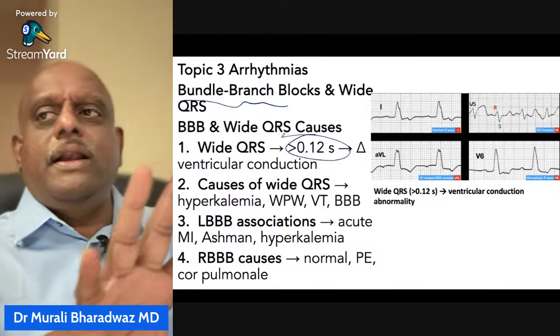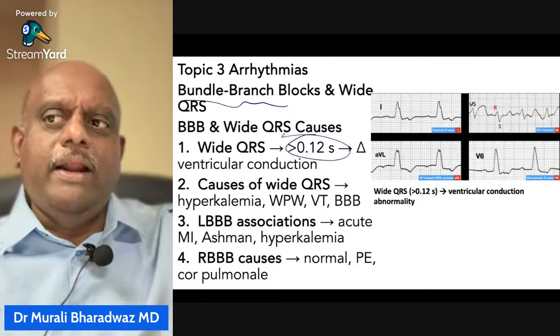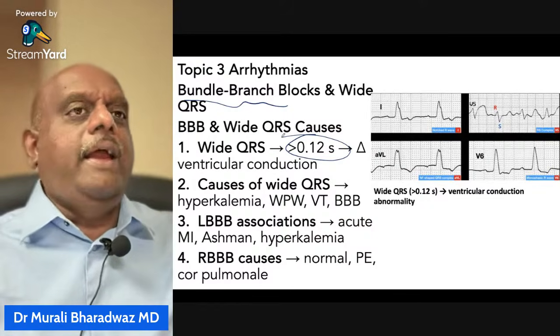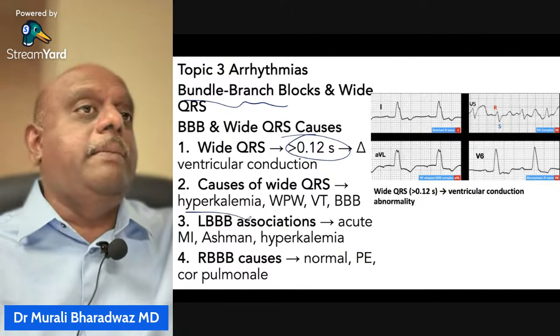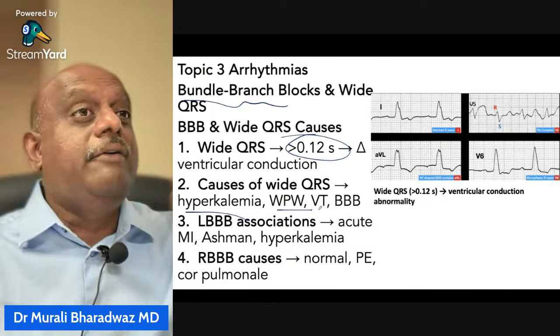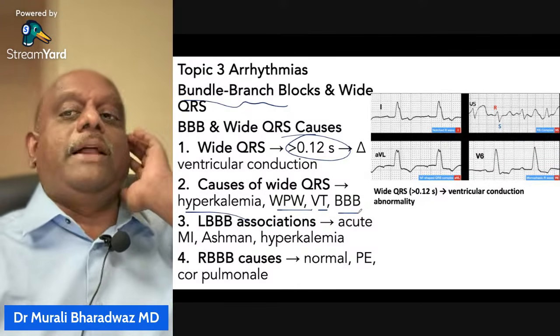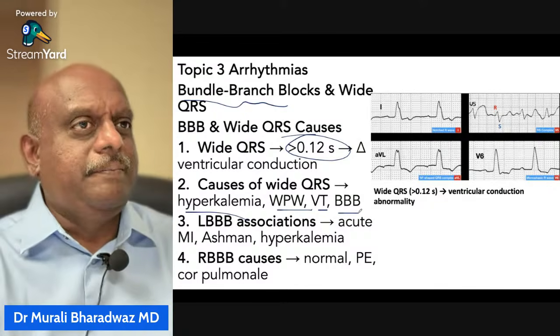If the entire ventricular conduction becomes delayed, that leads to wide QRS. 4 most common causes of wide QRS. Number 1, hyperkalemia, WPW, VT, and bundle branch block. Any of them lead to wide QRS complex.